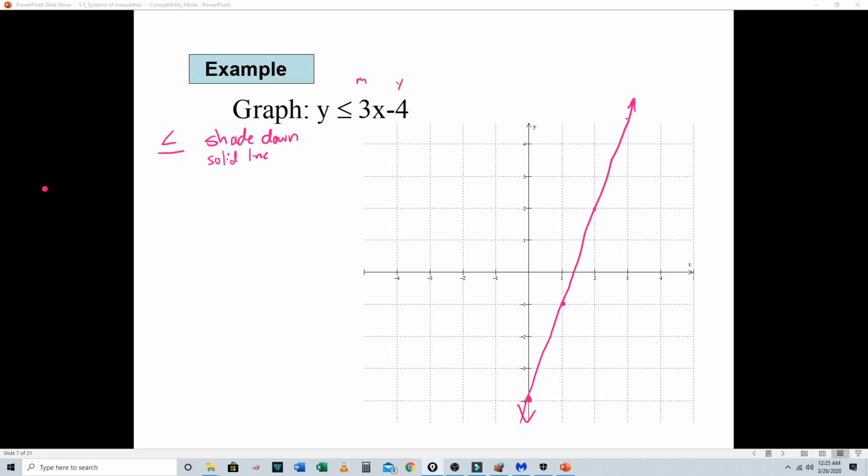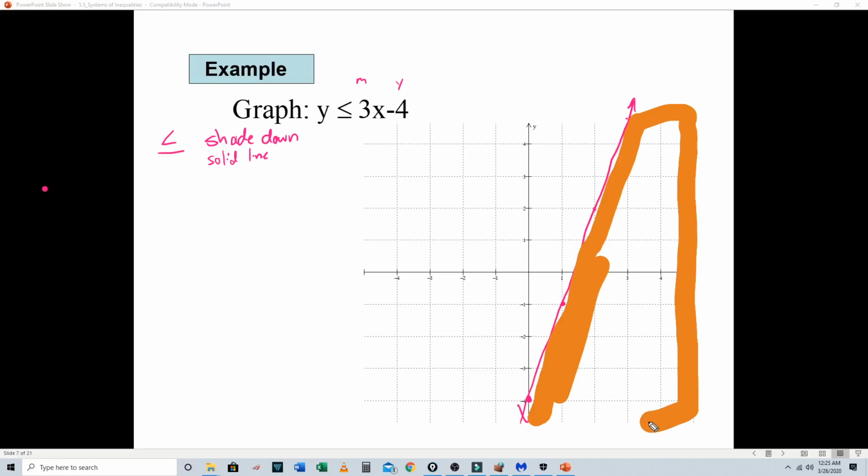So we'll do that in some awful color. I don't know what color that is, but I don't like it. All right, so shading down. Yeah, I told you, awful color. Basically, this is the color of what looks like comes out of a diaper sometimes. So, yeah, there's a visual for you.